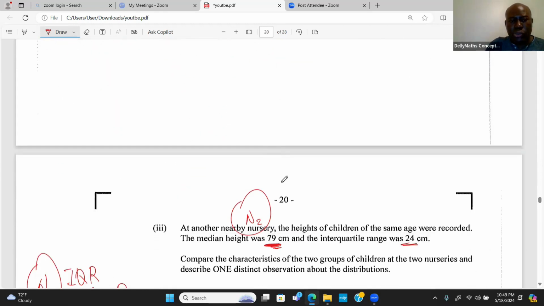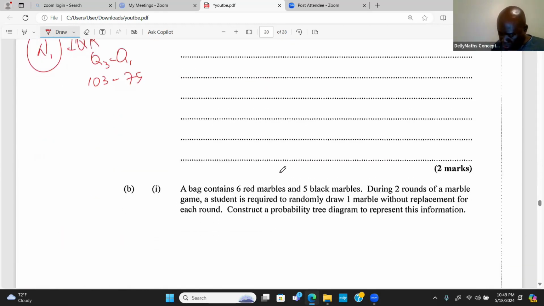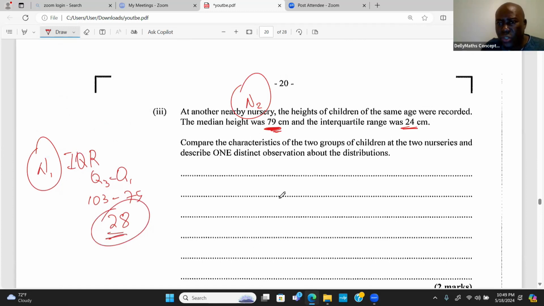So let us subtract the two: 103 minus 75, we're getting 28. This is our interquartile range, 28. Their interquartile range was 24. So ours is 28. All right, good. Now we have everything in context. So compare the characteristics of the two groups. So I could say group 1, which is nursery 1.